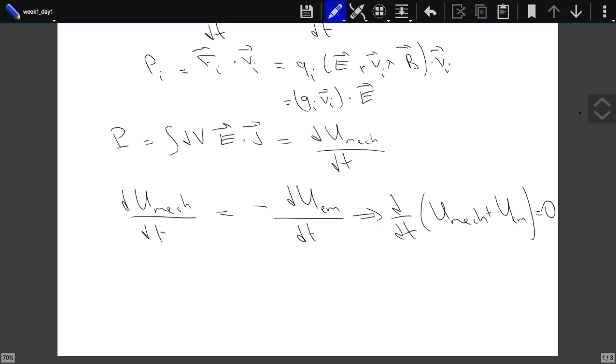But maybe Poyan thinks that, no, energy conservation, we should forget about it. So he doesn't give it a try. Or maybe Zeynep thinks that, okay, energy should be conserved, but the energy expression of the electromagnetic field should be equal to E dot B with some coefficient. She tried that one.